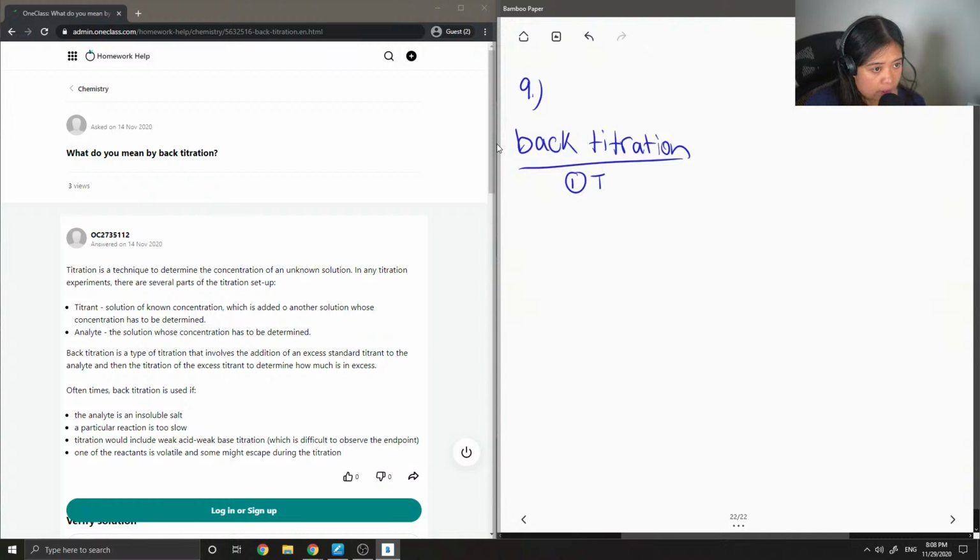The first step involves the addition of excess standard titrant to the analyte.